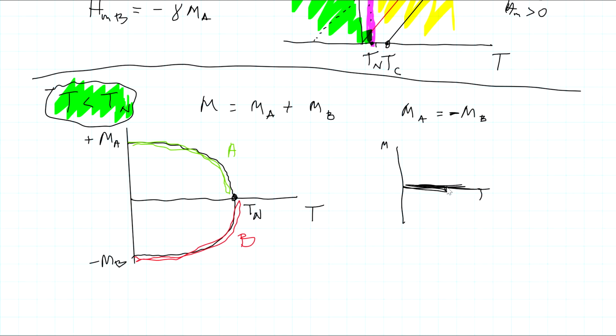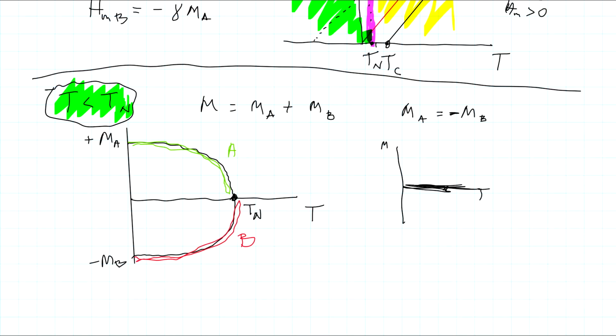But for the sublattices, you have positive and negative magnetizations. So this is below Néel temperature.